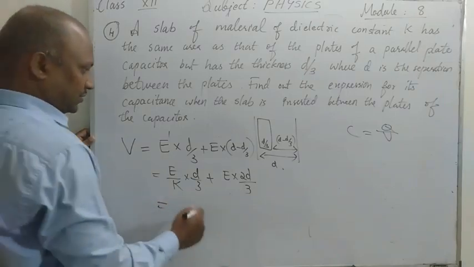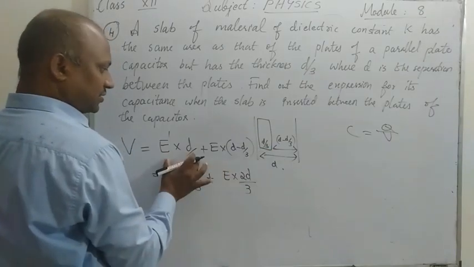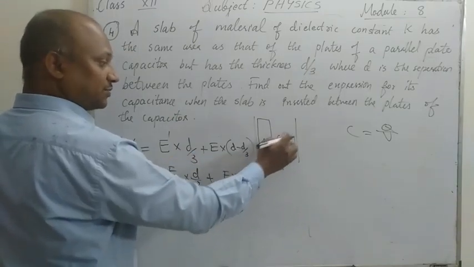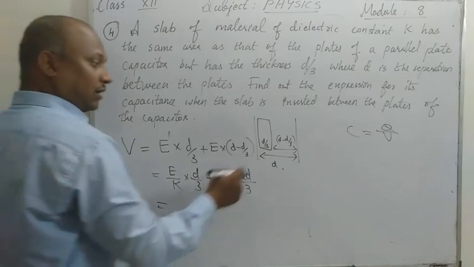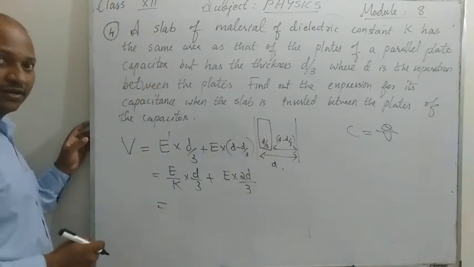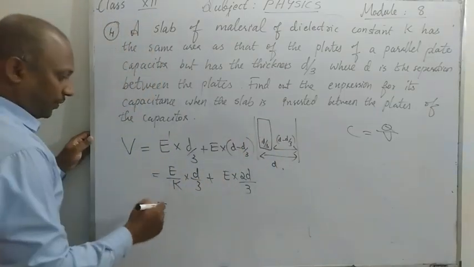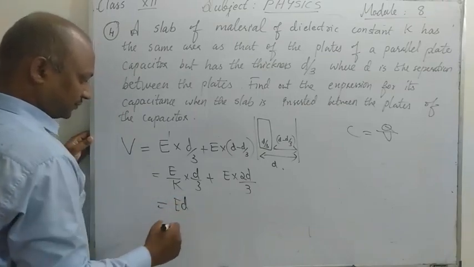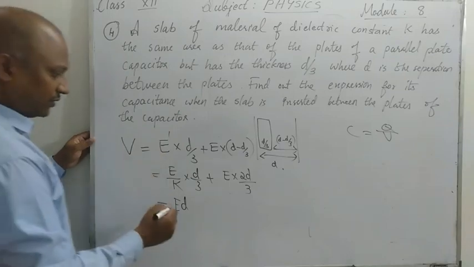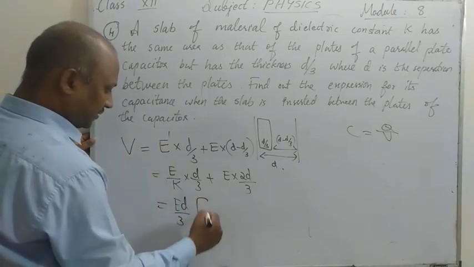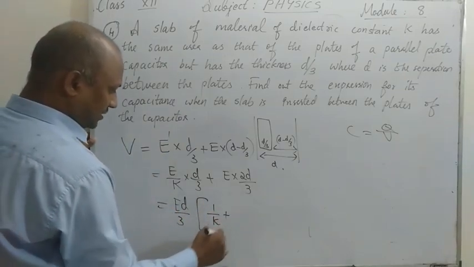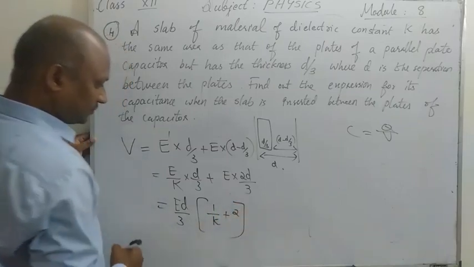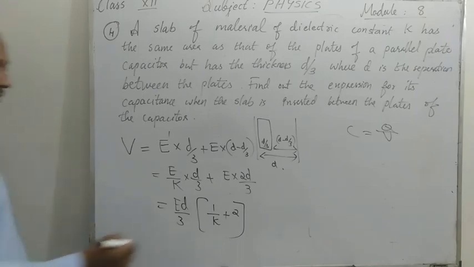So this is the potential difference, one for the modified field and one for the unmodified field. So it will be like E d upon 3, also you can take it outside, so you get 1 upon K plus 2 upon 1.